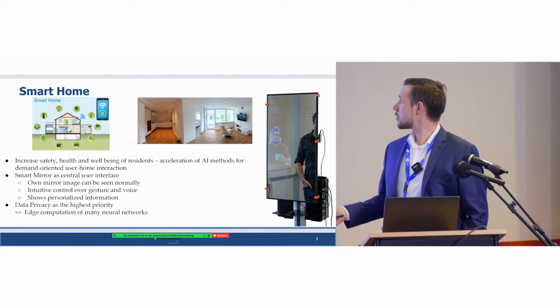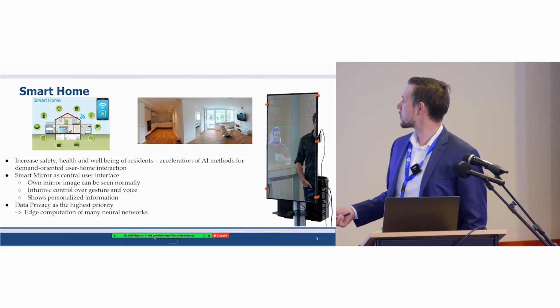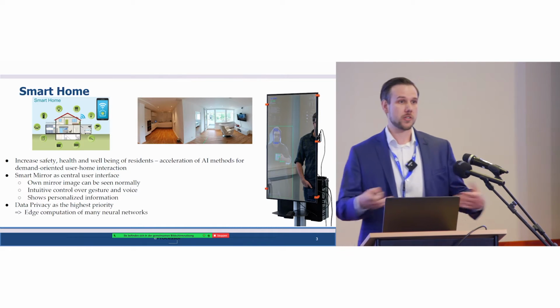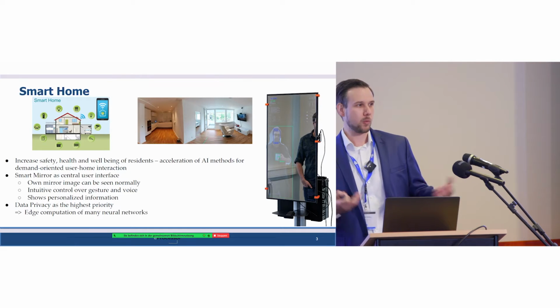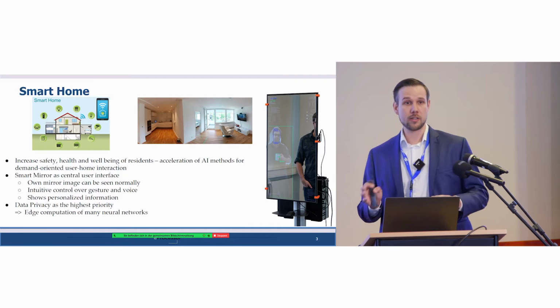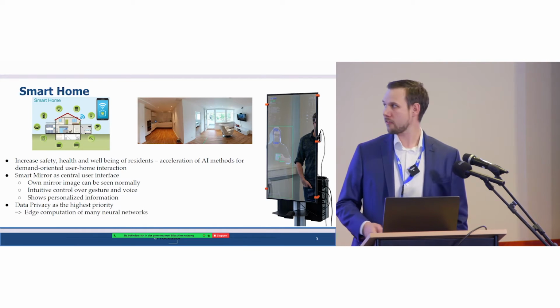You can also use it to not just see yourself, but also display information like your day schedule, the soccer results, stock market, whatever you are interested in. That's quite a cool way to integrate that in a smart home environment.